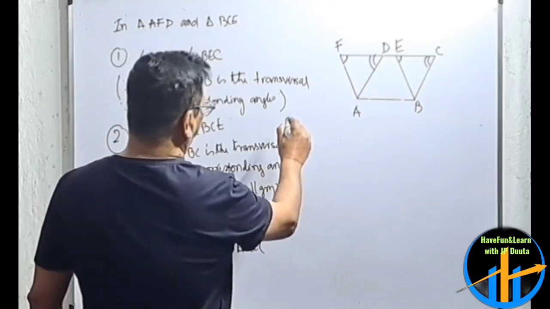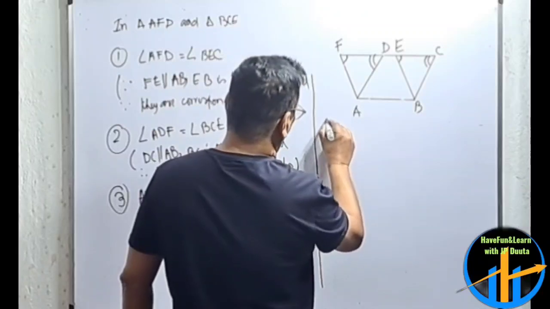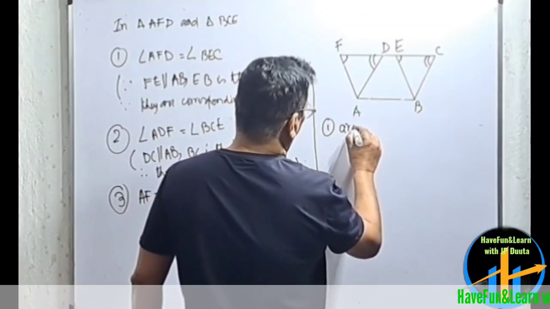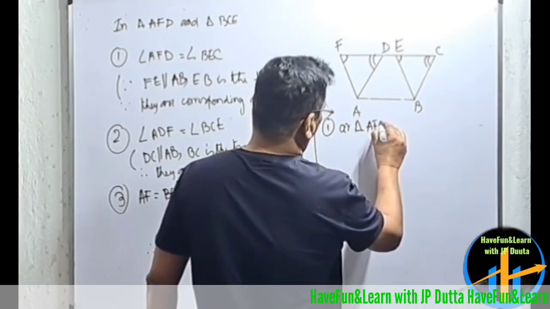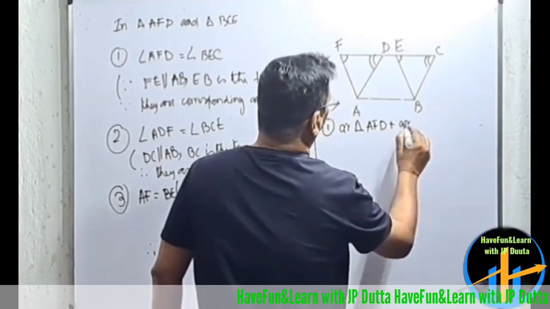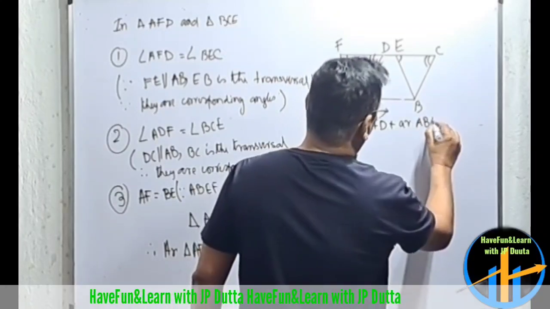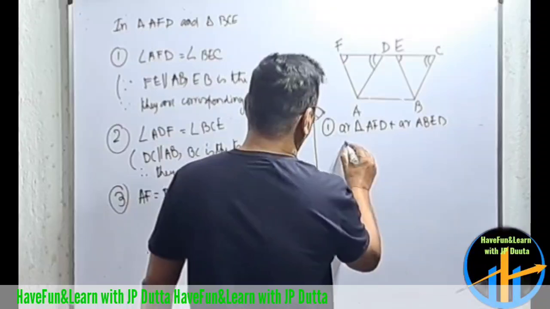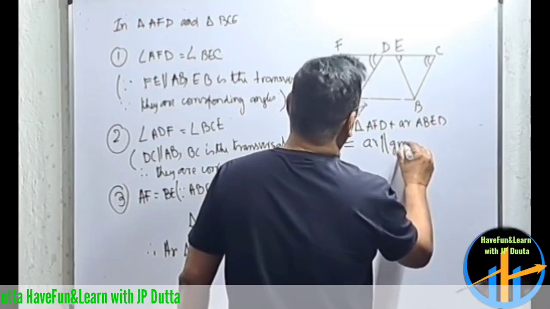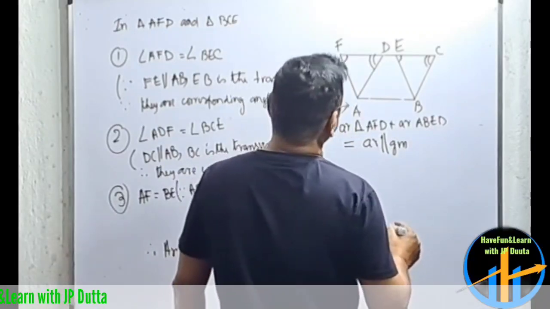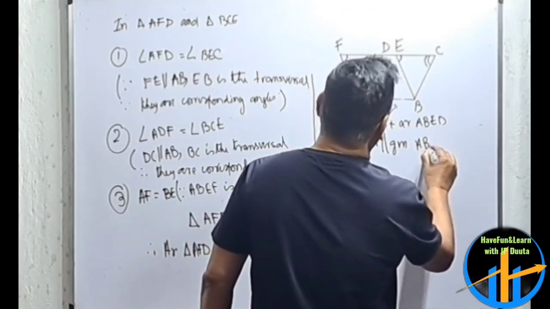Now what we do is, number 1, area triangle AFD plus area ABED is equal to area parallelogram ABEF.